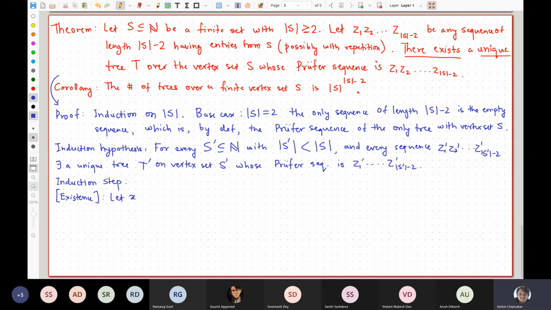Since the length of the sequence Z1 through Z of size S minus 2 is less than size of S, there exist elements of S which don't appear in the sequence.